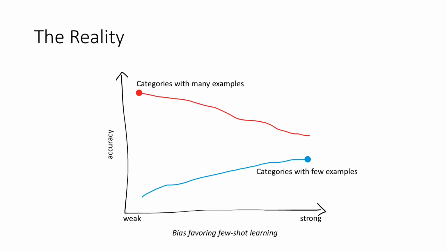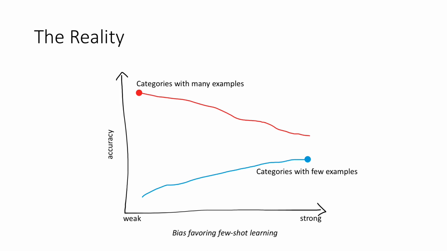On the flip side, tuning the algorithm to recover accuracy on the classes with many examples would then hurt accuracy on the classes with few examples. In general, you find a trade-off curve that looks like the one above. As an algorithm is tweaked to work better on few-shot learning, its performance when many examples are available drops.